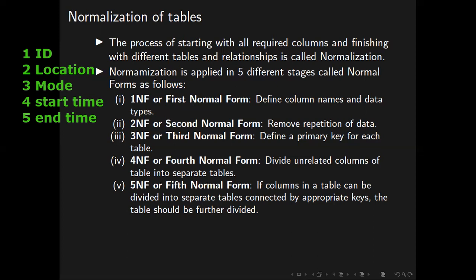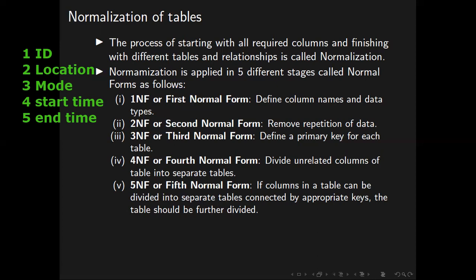When you have a large table, you have to divide even the unrelated data into smaller tables. That is, you divide it into as small a unit as possible. Fifth normal form. If columns in a table can be further subdivided into separate tables, you consider this.